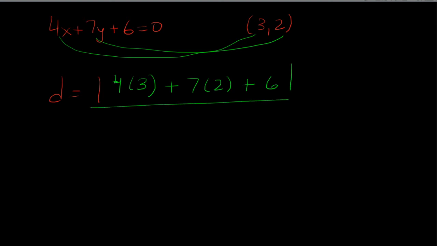And we divide that over the square root of a squared plus b squared. So b here will be 7. And this reduces to 32 over the square root of 65.